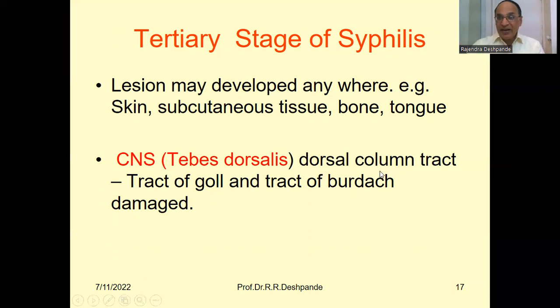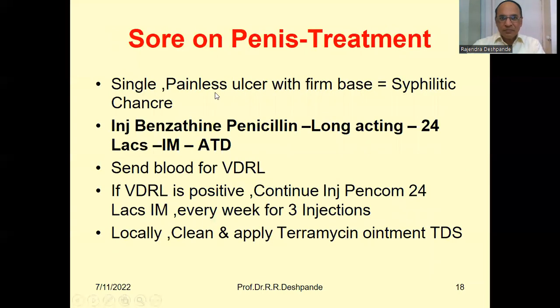The dorsal column tract will be affected. Tract of Goll and tract of Burdach are damaged. This is physiology. Sensory damage is there. Sensory system, ascending tracts are damaged. Sensory tracts are damaged. Okay.